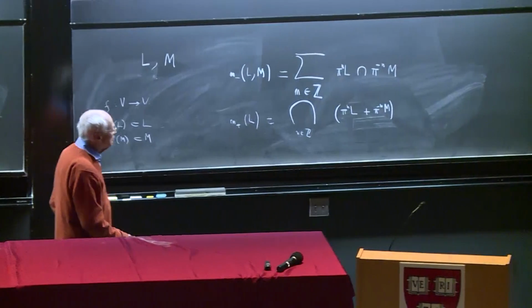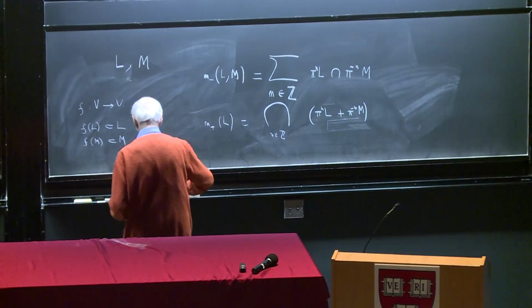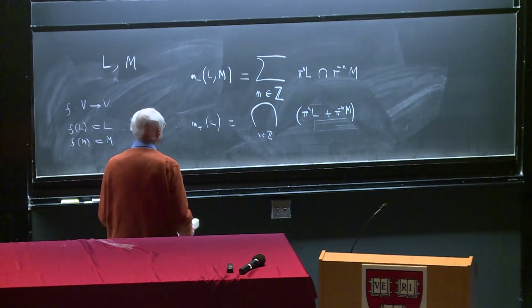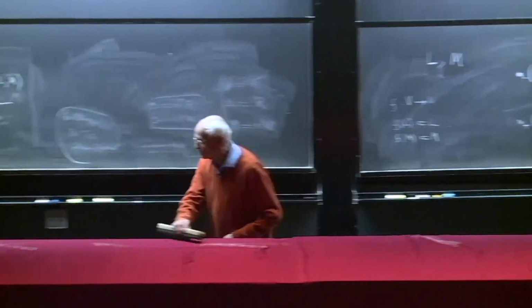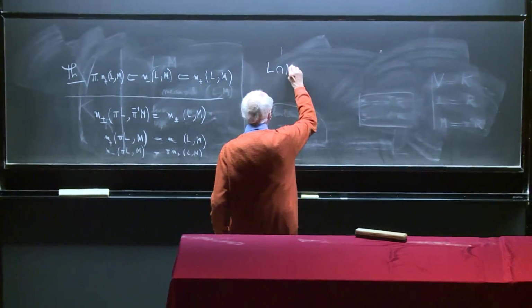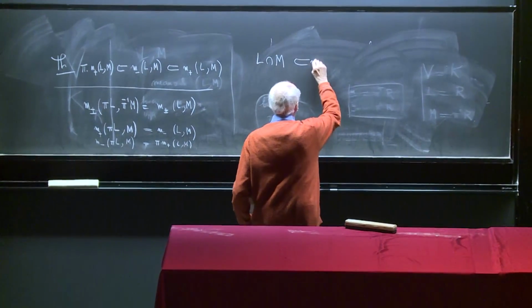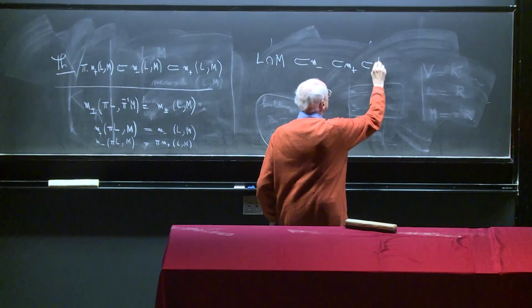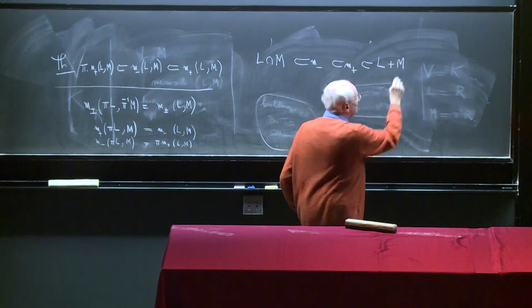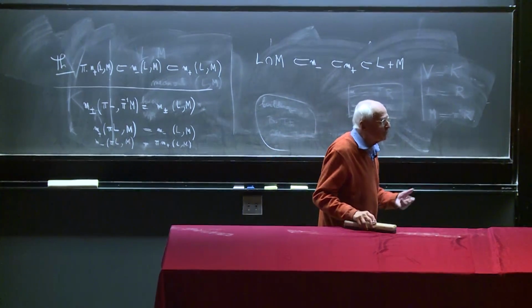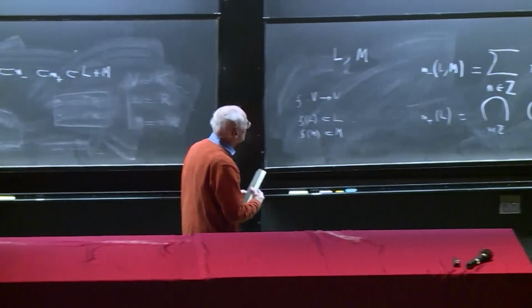Now, how do you prove them without any effort? I should also say, that's pretty clear anyway, that L intersect M is contained in M minus. Well, that's trivial. But some of the properties are not obvious.